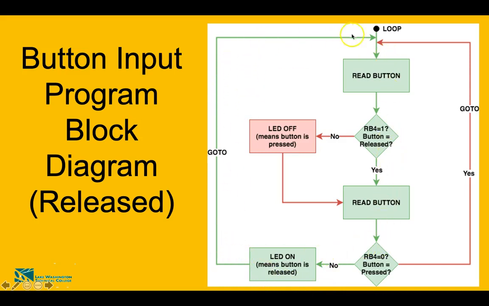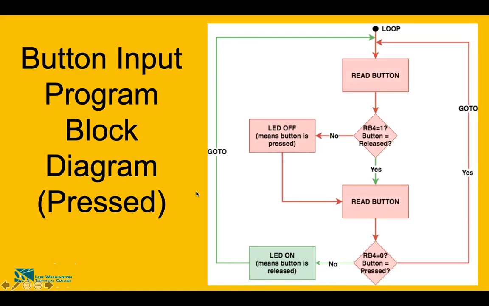So if your button is released, this is the cycle it's going to follow. And when the button is pressed, then this is the cycle it's going to follow. You can read it quickly. Read the button, RB4 is equal to 1 or not, button is pressed or released.